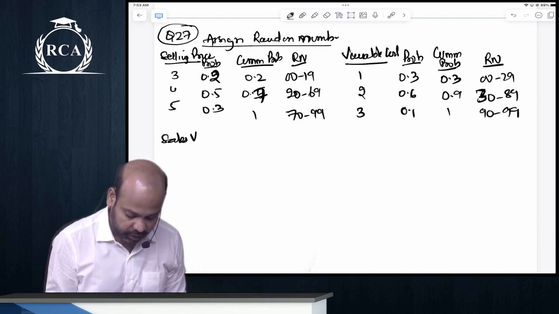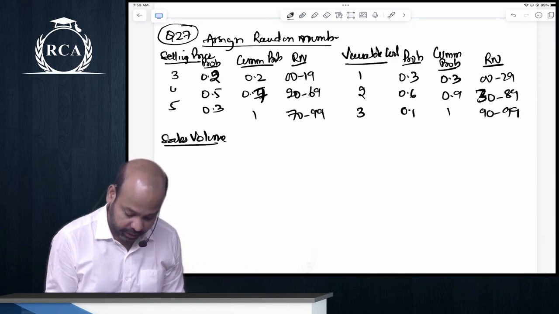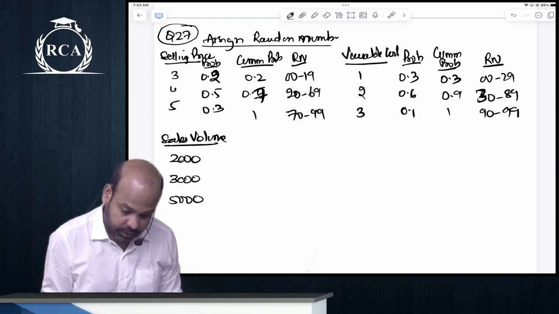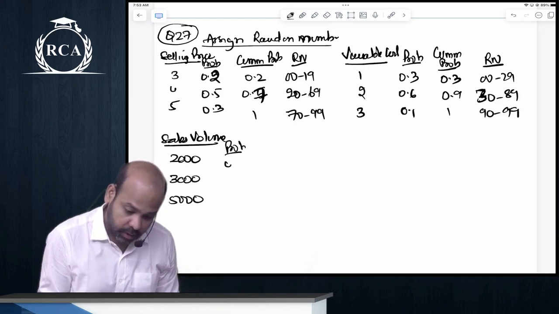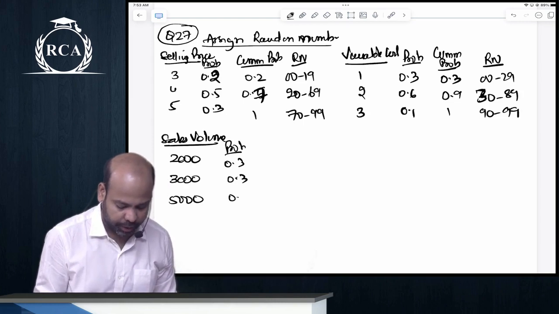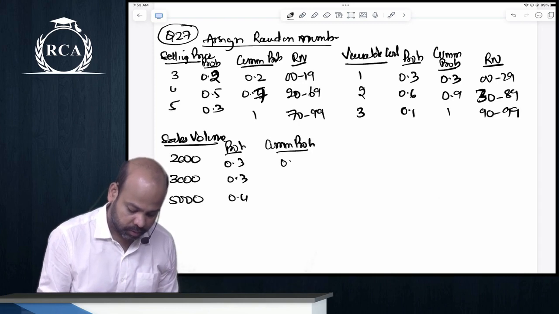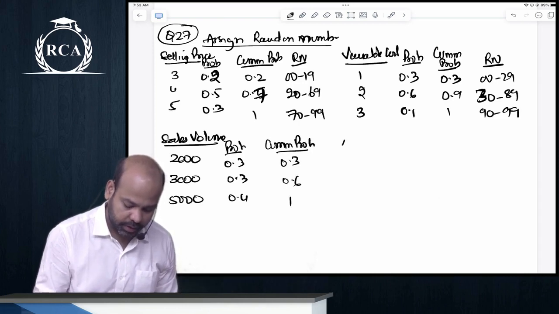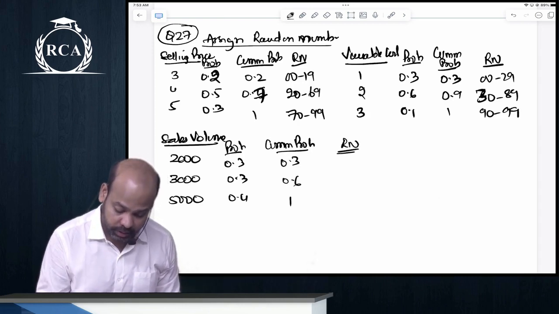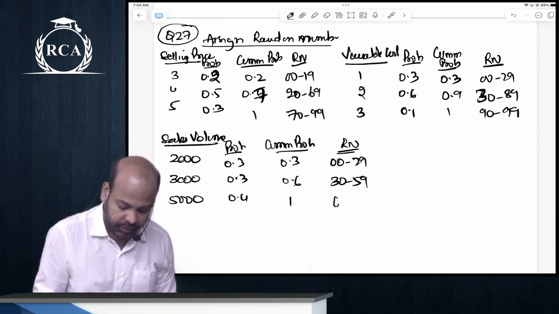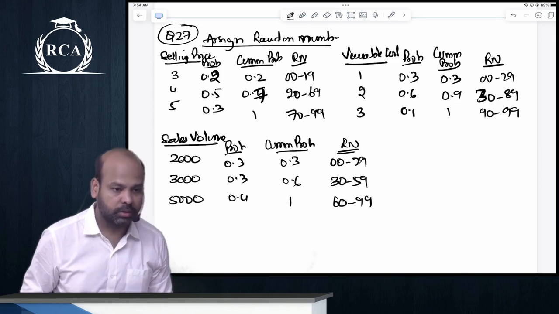After that, beta, sales volume. Your sales volume as such, guys, would be 2000, 3000 and 5000 units. Probabilities, beta, are 0.3, 0.3 and 0.4. Cumulative probability, beta, would be 0.3, 0.6 and 1. Random numbers to be allocated will be 00 to 29, 30 to 59, 60 to 99.